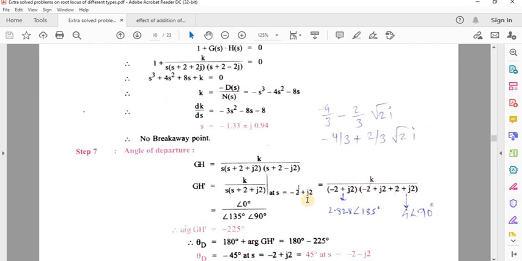Okay, because there are two poles, this part is used with one pole. Then the other part will be chosen with another pole. So while putting, you can see here, minus 2 plus 2 cancelled, this will be j4.